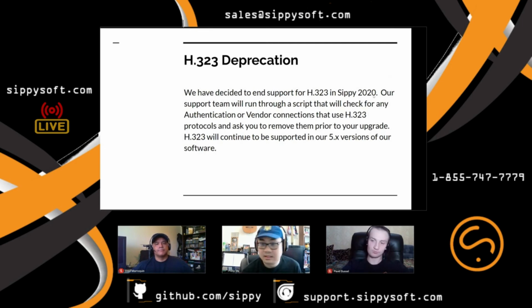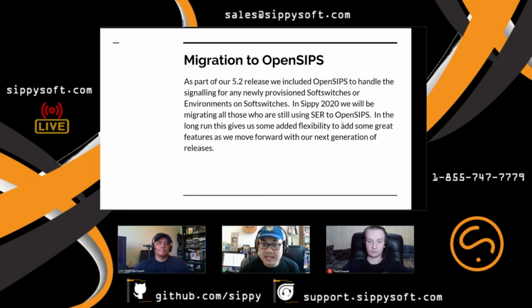Philip? Yeah, just to add on to what Pavel mentioned, this is also one of those prerequisite checks that would be run before you upgrade to Sippy 2020, just like the OpenSIPS discussion that we had before. We've already talked on the migration to OpenSIPS, so I don't know how much we need to continue talking about this, but that pretty much covers everything.